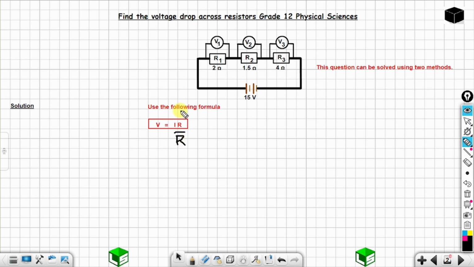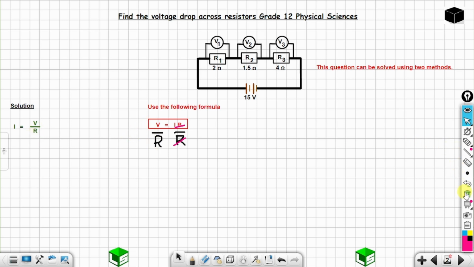What you do on the right, you also do on the left. Now you cancel this, and you have the current is equal to the voltage over the resistance. So the current is equal to V over R.